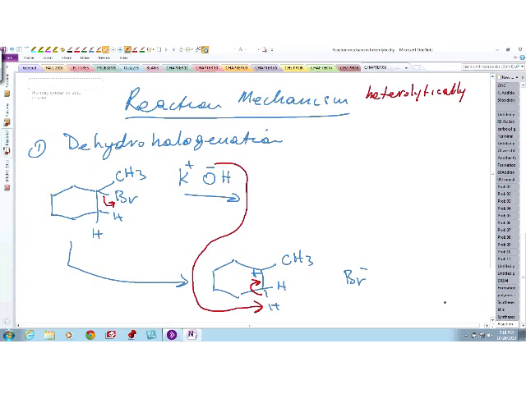So to answer your question, that is how we form the water. So we form the carbon-carbon double bond, water is formed, and then this bromide will combine with the potassium to form potassium bromide.